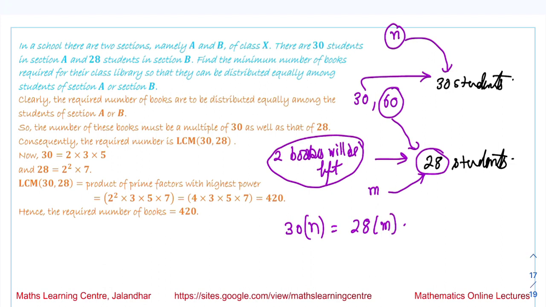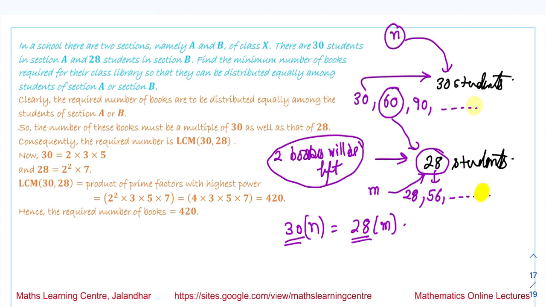So we are trying to find the multiples of 30 and 28. The multiples of 30 are 30, 60, then 90 and so on. Similarly, the multiples of 28 are 28, then the next value 56, and so on.